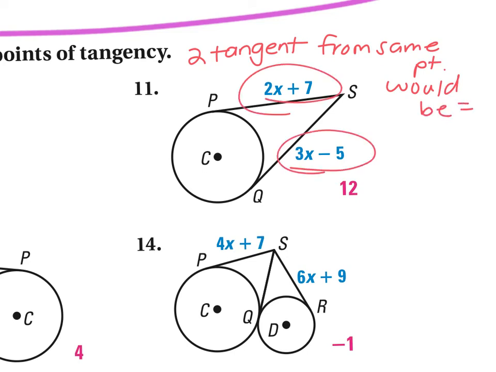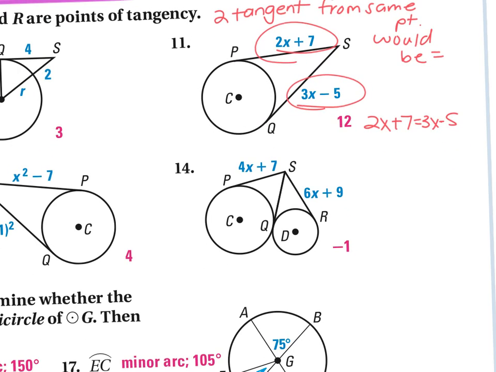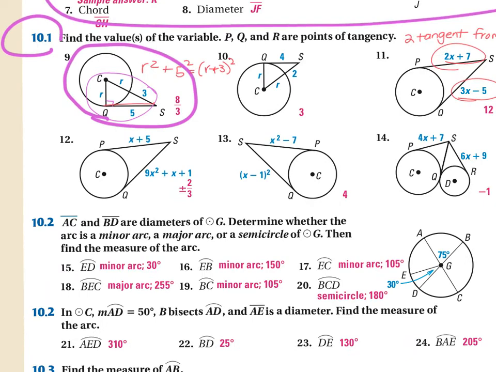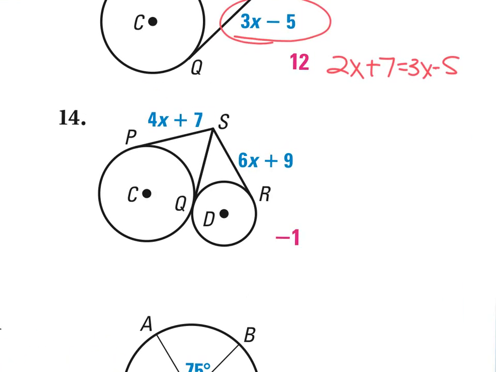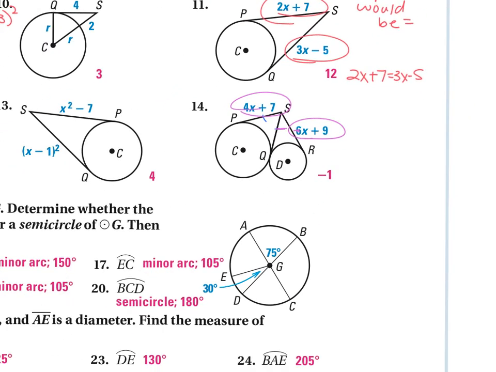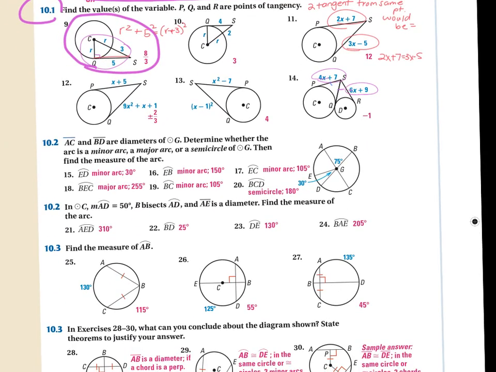So I would set 2x plus 7 equal to 3x minus 5, and then solve, and you'll get the 12. That's the same for number 12. I would set those equal to each other. 13, set them equal to each other. 14 is just a little bit more, because this would equal this, and then that same side would equal this side. These two would also be equal to each other. So same theorem, just applied in a couple of different ways.